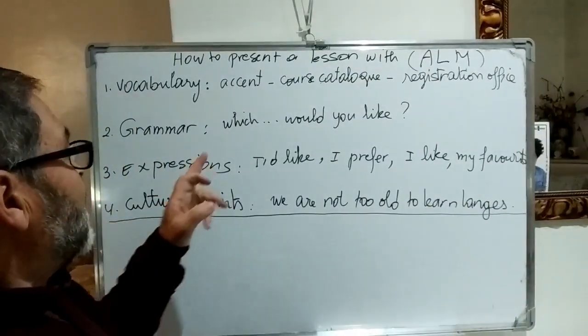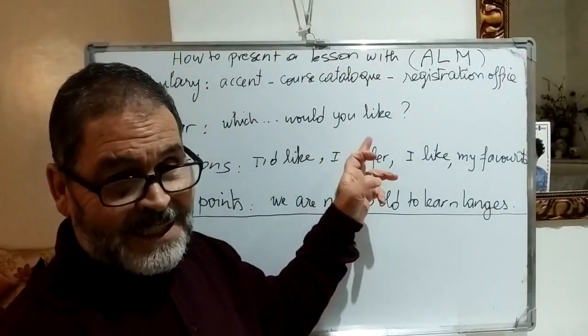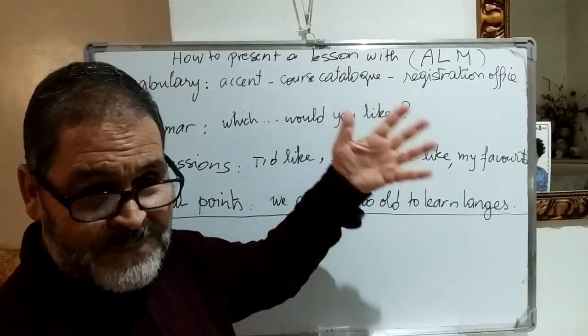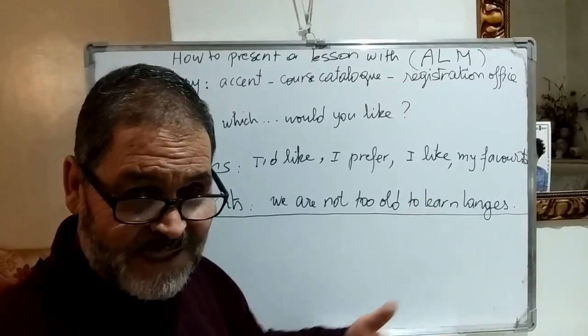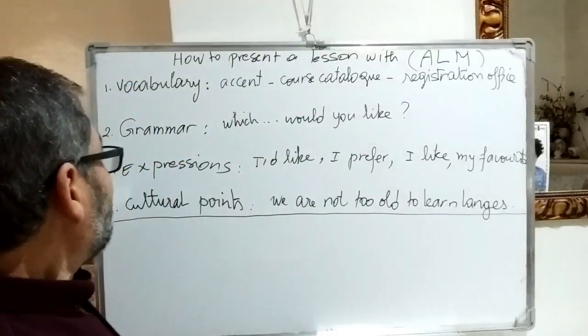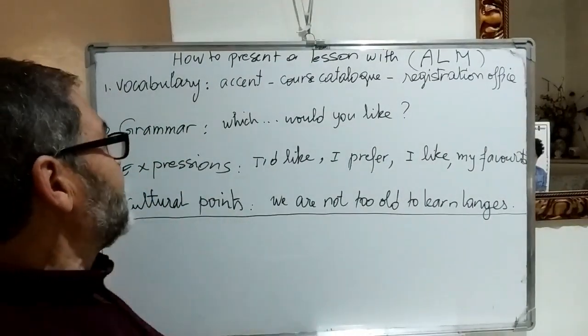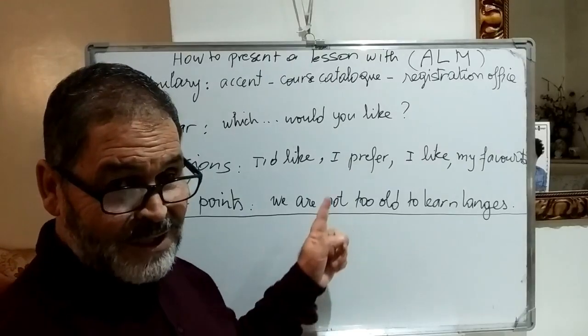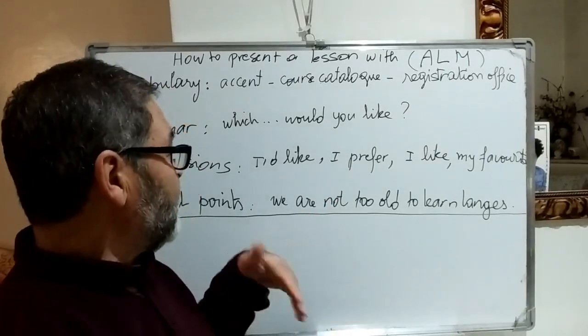Then grammar, we have which would you like? Which language would you like to learn? Which subjects would you like to study? And so on. So this is a question that we are going to train students on. Expressions, I'd like, synonyms, other exponents, we should give other exponents.